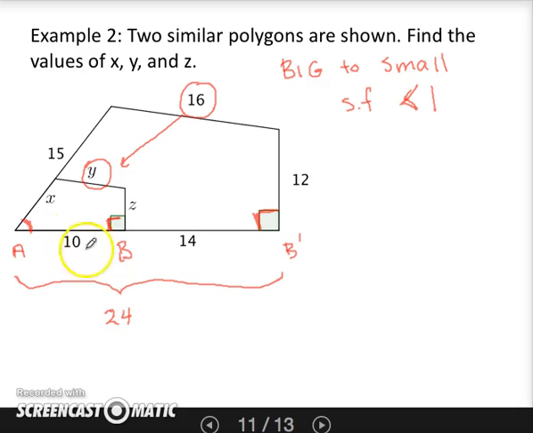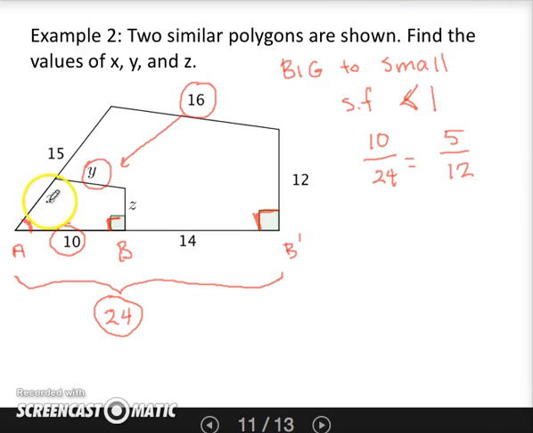So now we do have a smaller side and a corresponding big side from A to B prime. So our scale factor of less than 1 would be the size of the smaller side over the size of the bigger side, 10 over 24, which we can simplify to be 5/12.